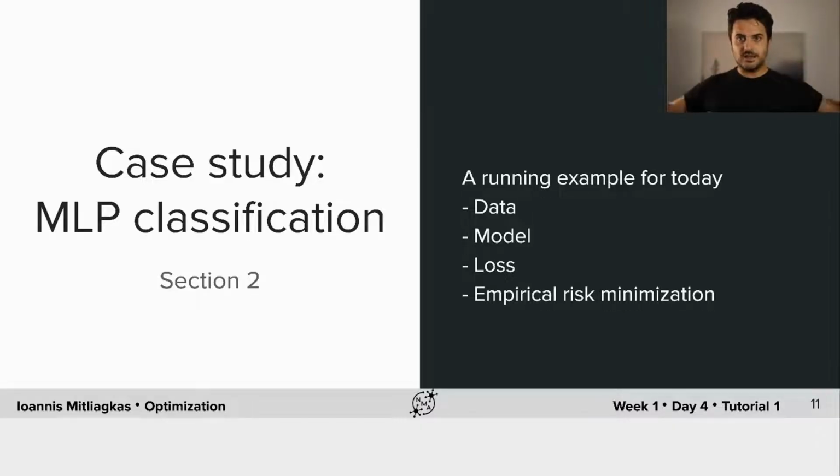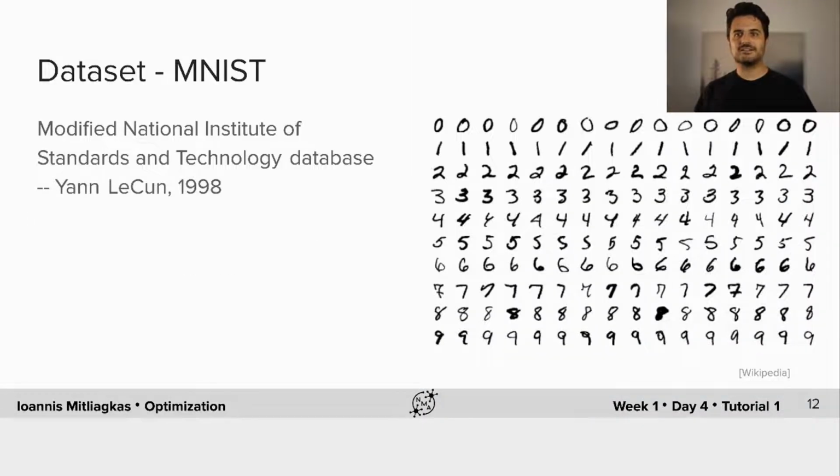So let's lay down the foundation, as we say, and let's start with our data set. This might be one of the most celebrated data sets in machine learning, and the credit goes to Yann LeCun in 1998. It's called MNIST, the Modified National Institute of Standards and Technology Database.